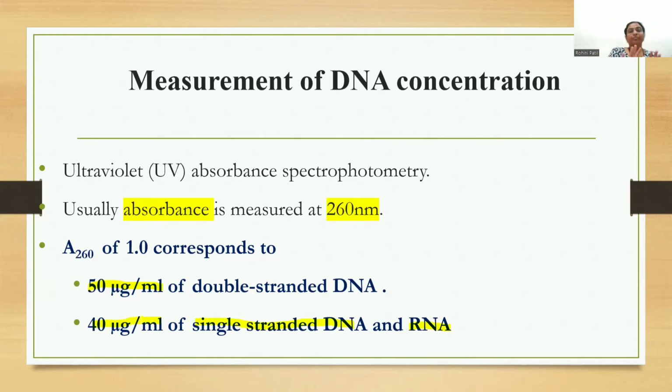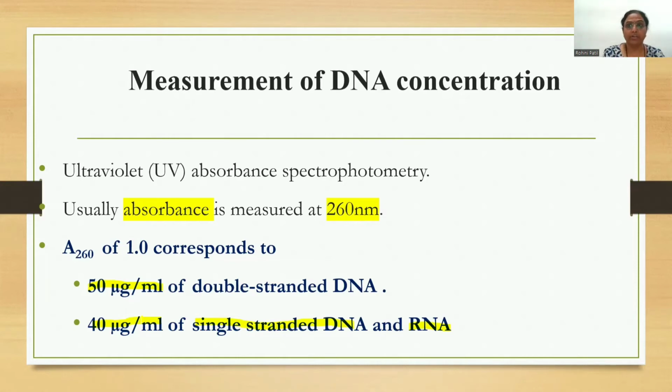Now, this is the standard, and from the isolated DNA we have to find out the concentration. You take the absorbance at 260 nanometer, and if the absorbance is 0.5, that is 0.5 OD, how are you going to calculate?